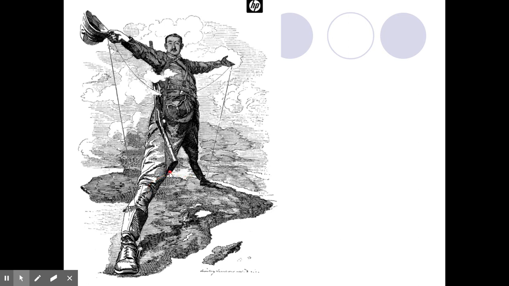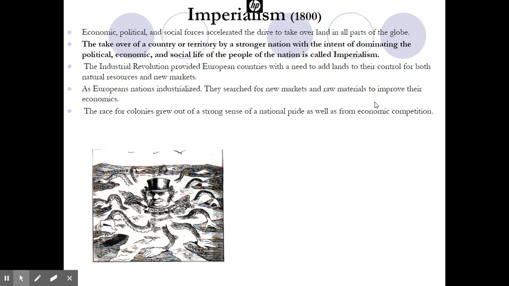He has his rifle, his British imperial helmet, and he's standing over the country, showing that the British Empire has control over most of the continent of Africa, as did many other Europeans, which was decided at the Berlin Conference of 1884. That was basically when the Europeans set the rules for dividing up Africa.